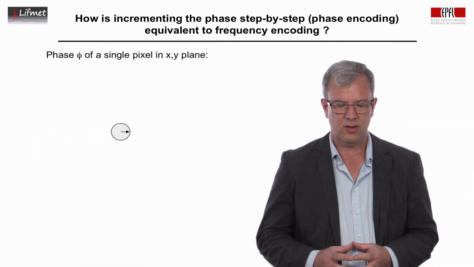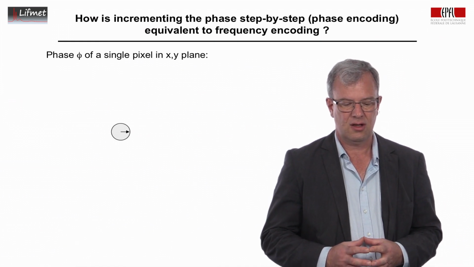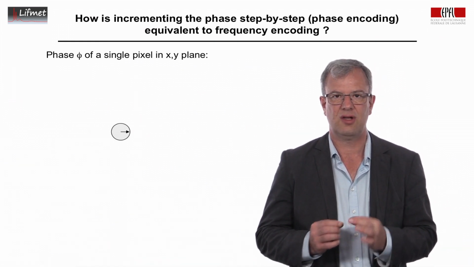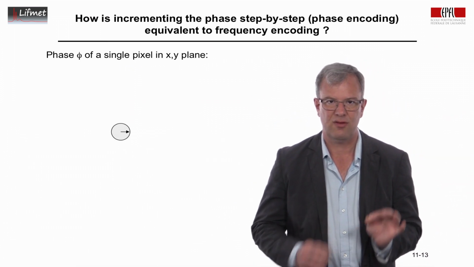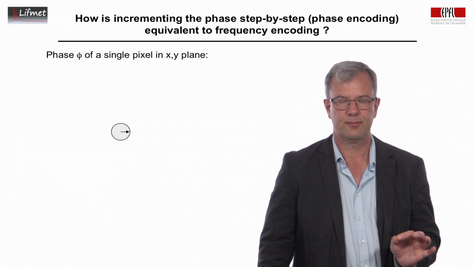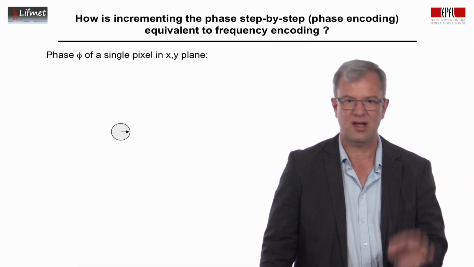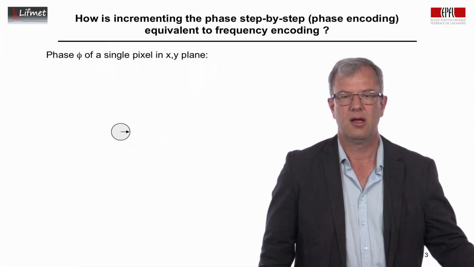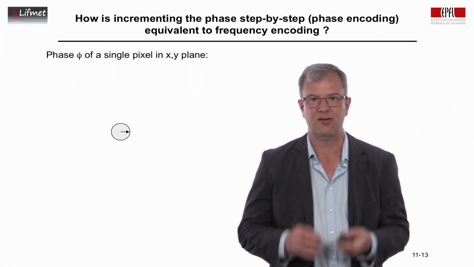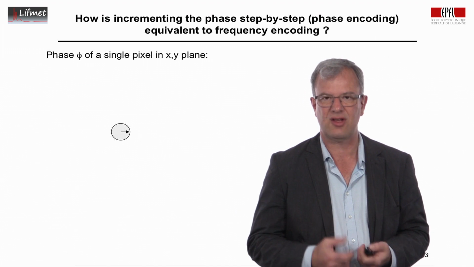What we're now going to do is look at the phase of a single pixel in the xy plane. We'll take the magnetization phase of a single pixel at a given position. You can consider it a pointwise object, a capillary or something, idealized with no dimensions. We'll just take a single pixel.